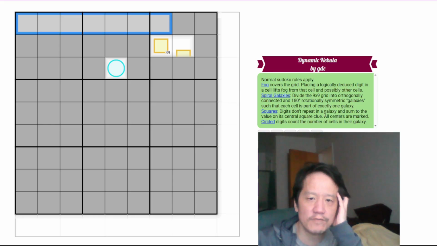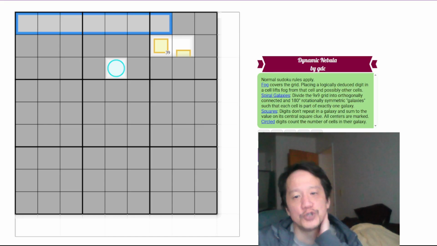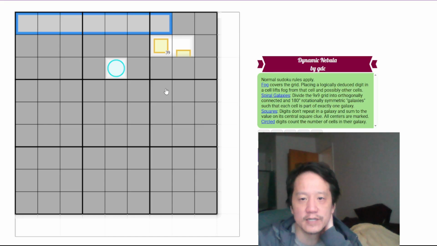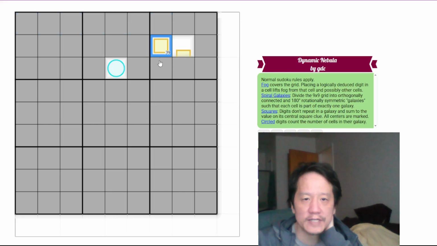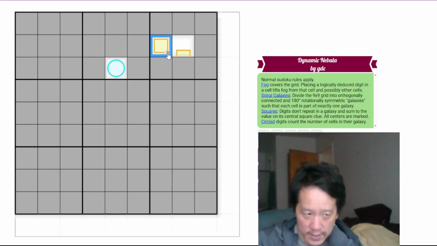We also have squares, where digits don't repeat in a galaxy and sum to the value on its central square clue. So anytime a square is in a cell, that's the central cell of a galaxy, and all centers are marked.